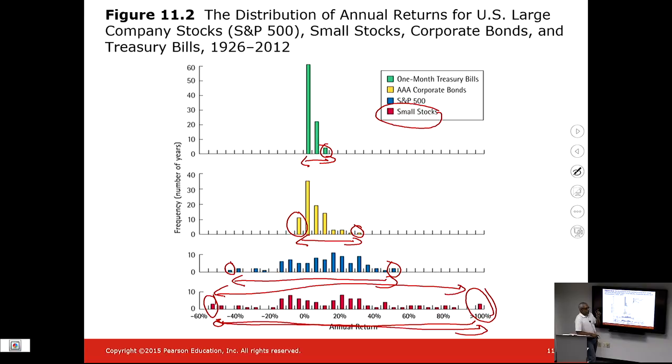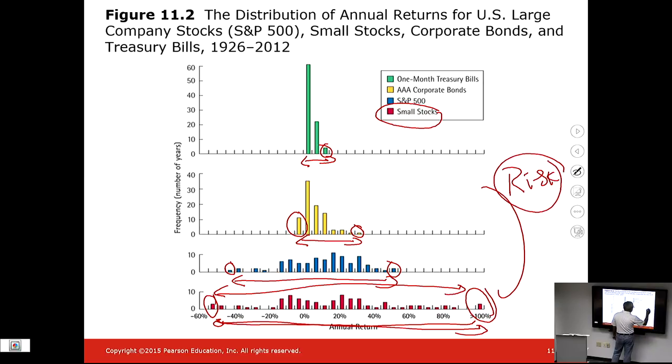So a much narrower dispersion of numbers for the yellow bars versus the red bars. This tells us a story of risk. That the small cap stocks are more risky than the treasuries, the corporate bonds are more risky than treasuries, large caps are more risky than corporate bonds, and small caps are more risky than large caps.